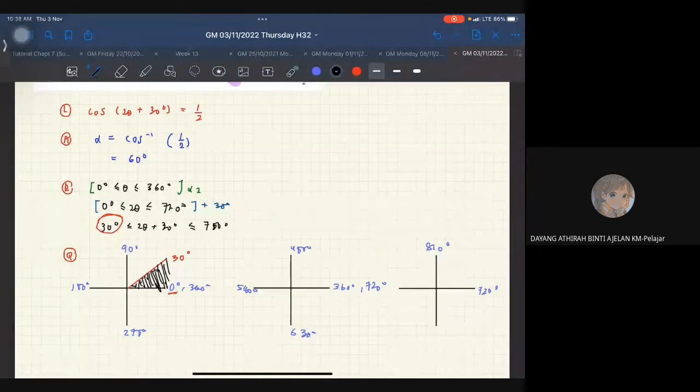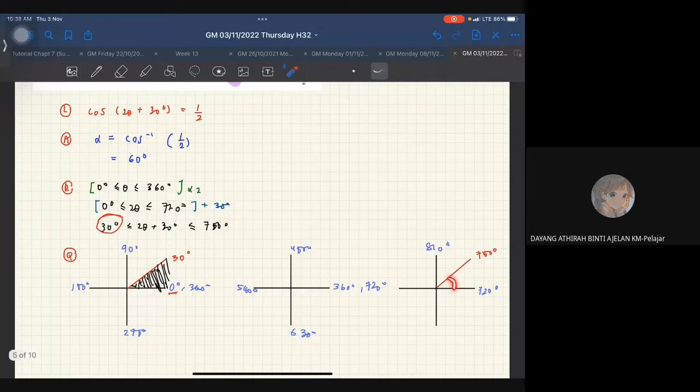Okay. And then dia ends dekat 750. So 750 is somewhere here. Okay. So 750. Okay. So kawasan yang saya nak kena buang adalah kawasan yang selain daripada sini. Okay. So kawasan yang kita buang adalah yang ini. So saya akan buang semua ni.